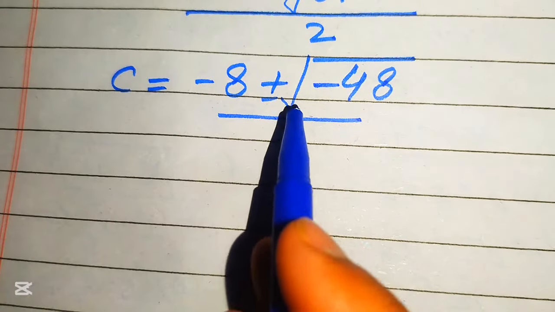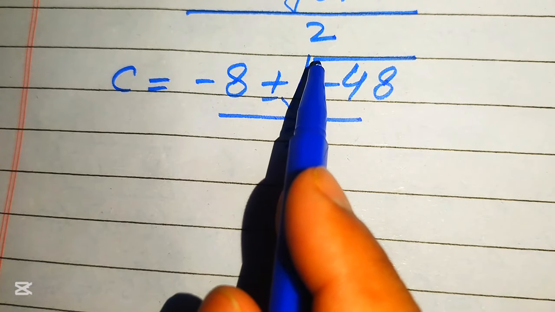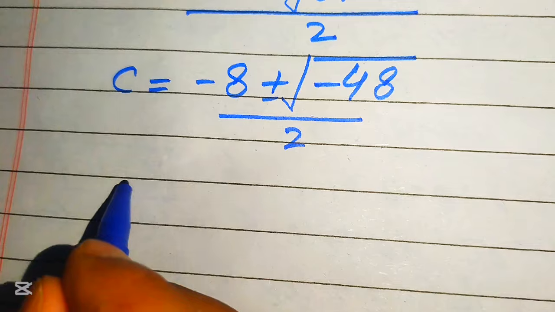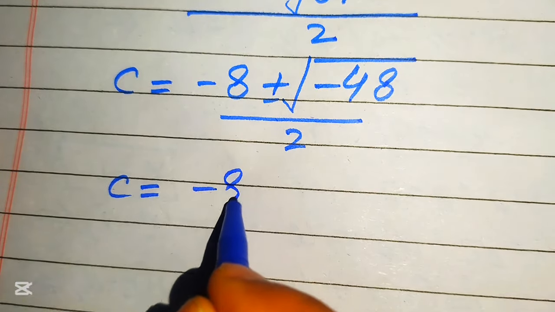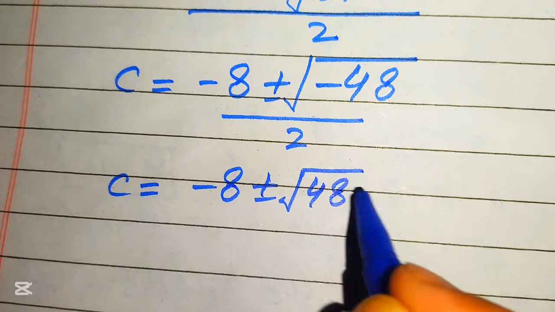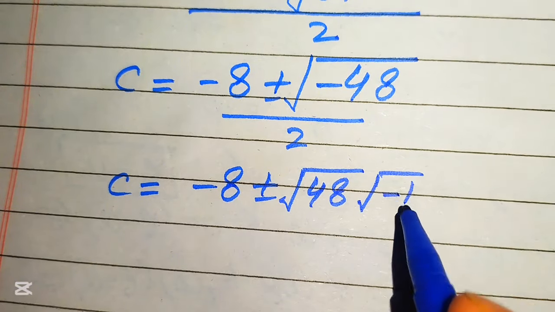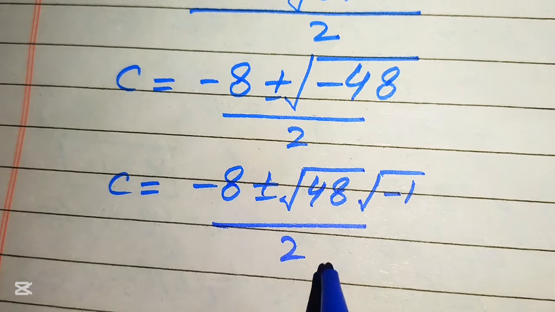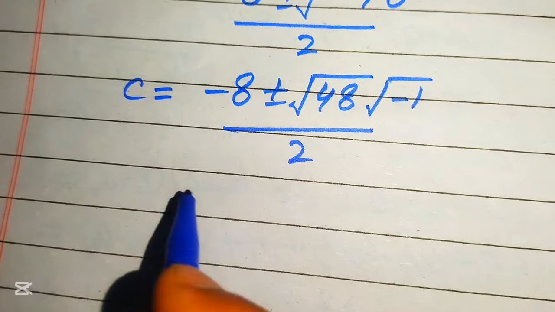And now first we need to separate the square root of this negative sign and 48, and it will be written as minus 8 plus minus square root of 48 into square root of minus 1, divided by 2.